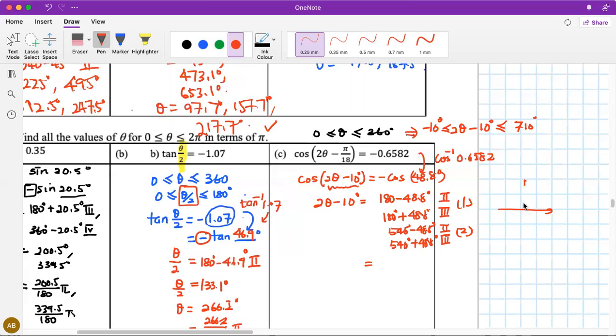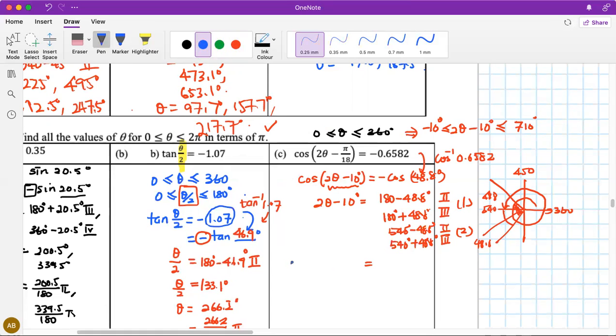As you see, this is 360, plus 90 is 450, and here is 540. So we stop until here. The angle will be in here or here, since the reference angle is 48.8.